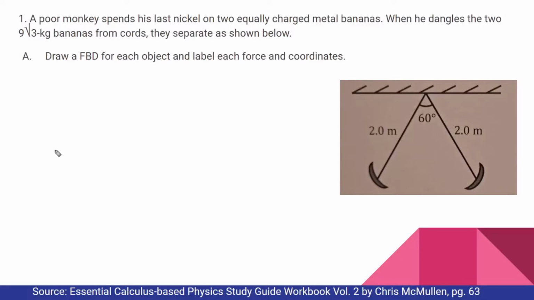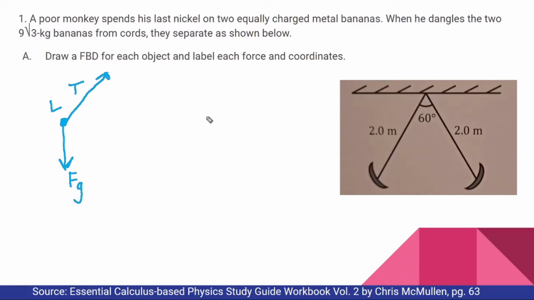Alright, to start, we will be examining the left banana first. We see that it is being suspended by a cord, so we know that there is a tension force from this rope. We also know that it will always be affected by the force of gravity.